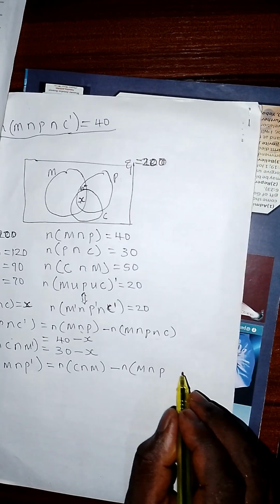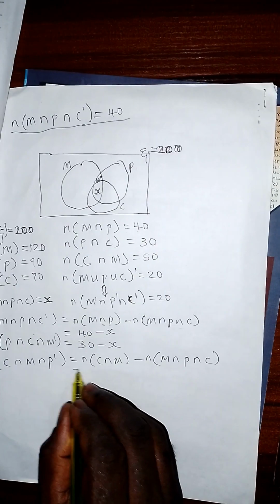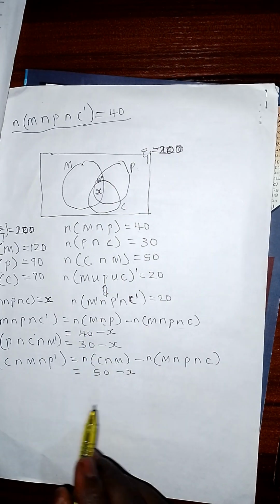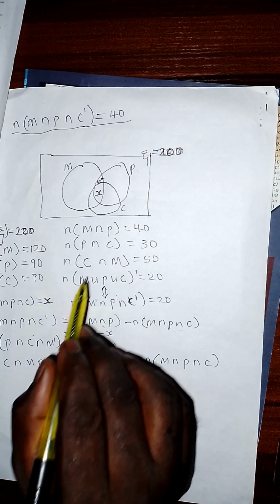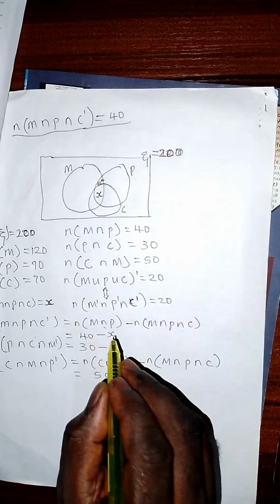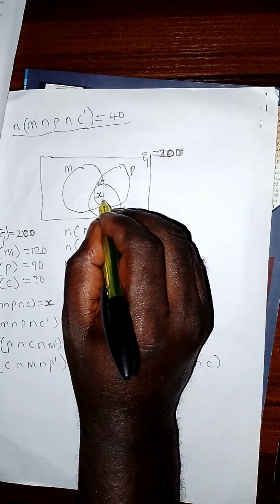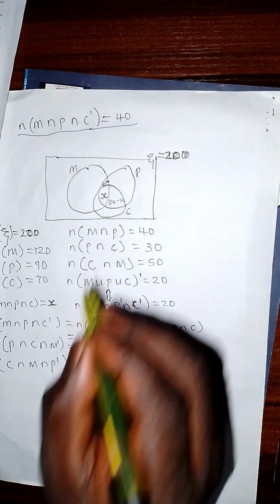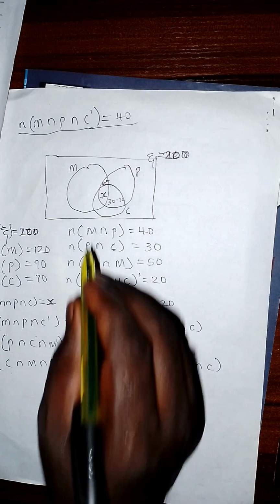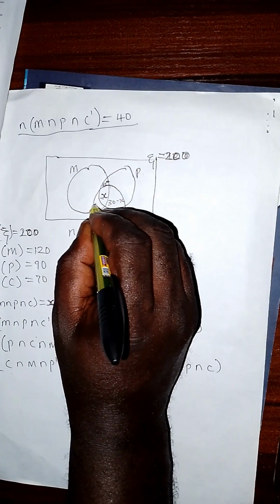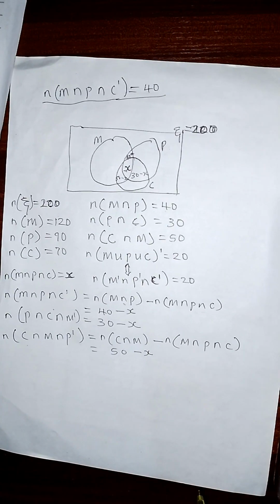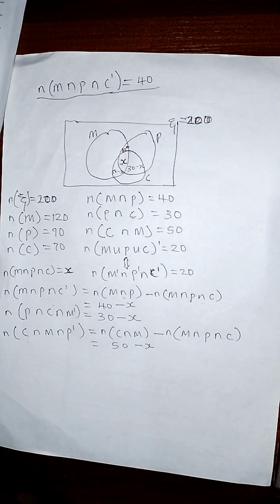There's no point repeating it over and over again. So you have 50 minus X. So you could locate them. Physics and chemistry, that's 30 minus X. And chemistry and mathematics, that is 50 minus X. Do not mind my diagram, but I'm already expressing it here.